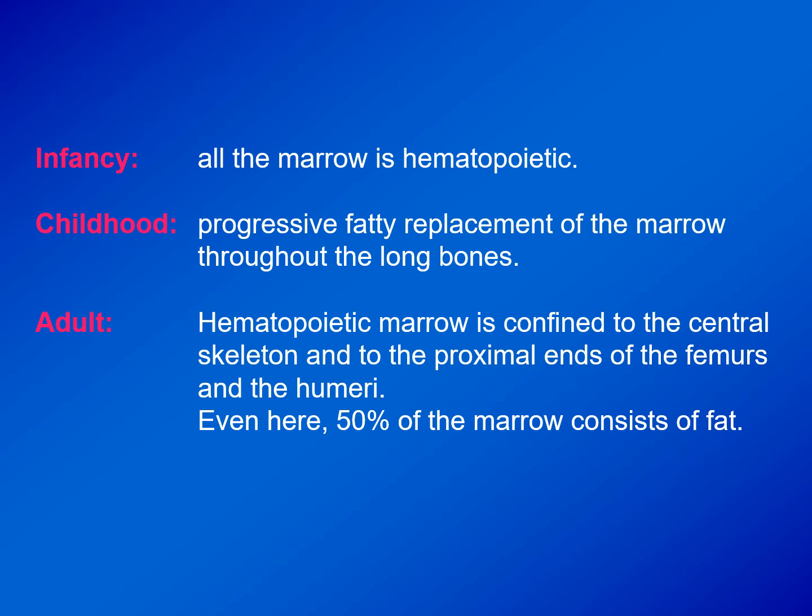And in the adult, hemopoietic marrow is confined to the central skeleton and to the proximal ends of the femora and humeri. And even here, only 50% of the marrow consists of hemopoietic elements, and the rest is fat.